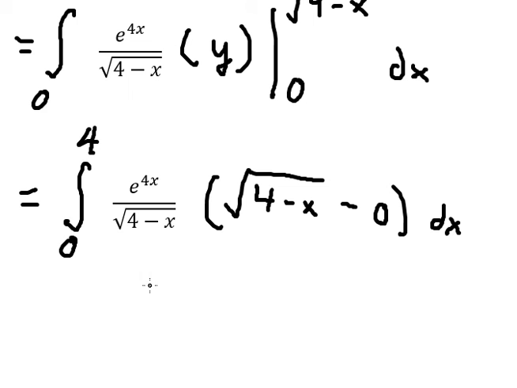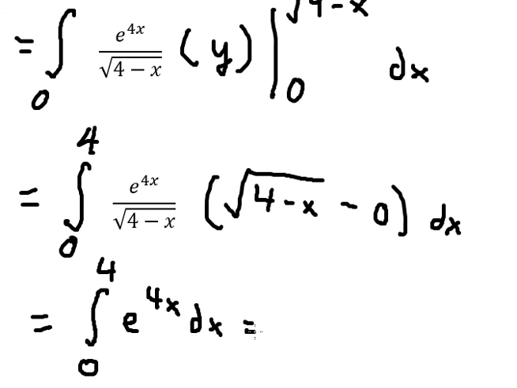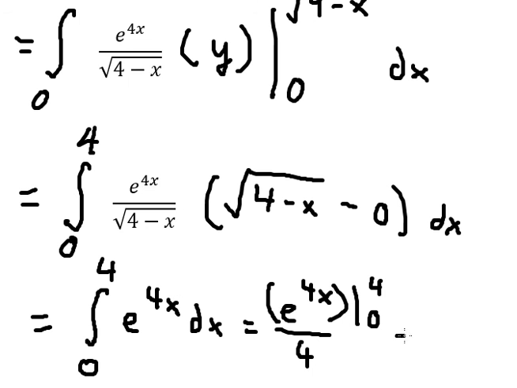So if we simplify, we just have the integration from 0 to number 4 of e to the power of 4x dx. The integration of this one, we have e to the power of 4x over number 4. And we put the bounds from 0 to number 4. So this one we have the final answer in here.